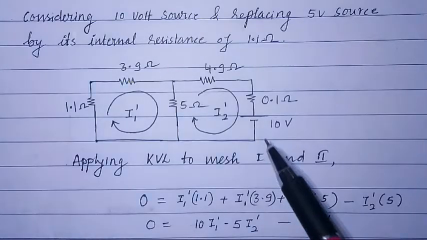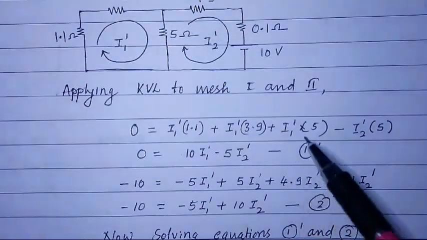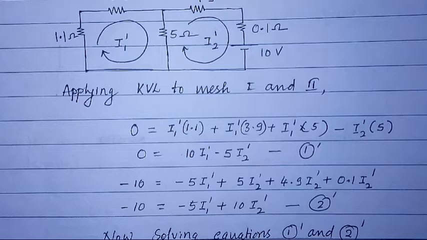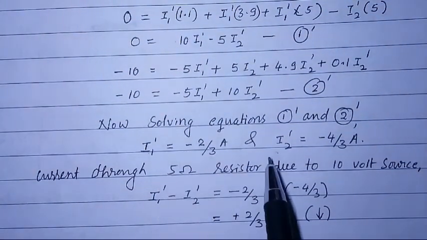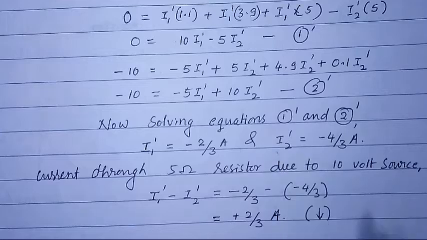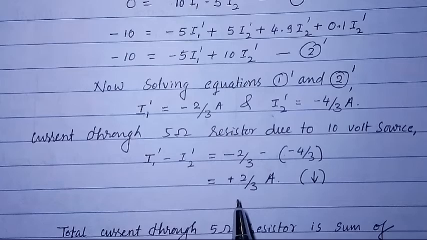That part you can see here, 10 volt source. Again two equations are written. Those two equations are solved to obtain I1 dash and I2 dash. And then current through 5 ohm resistor due to 10 volt source is calculated as 2 by 3 ampere.